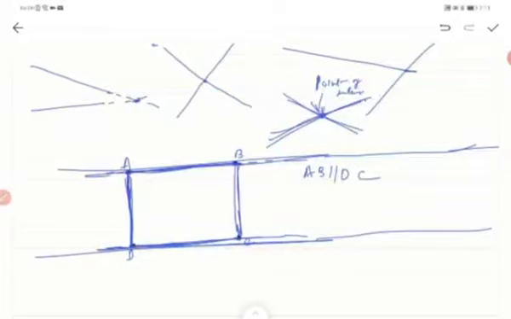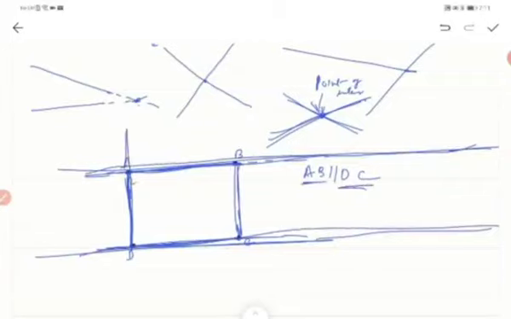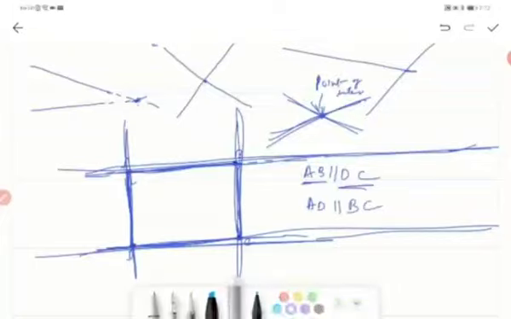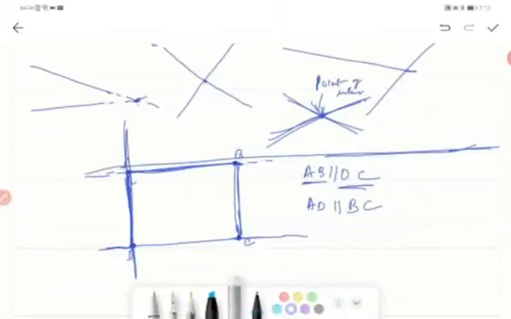Such kind of lines we call intersecting. Parallel lines will never meet. So I can say AB is parallel to DC and AD is parallel to BC, isn't it? Yes or no? These lines will never intersect when you extend them.